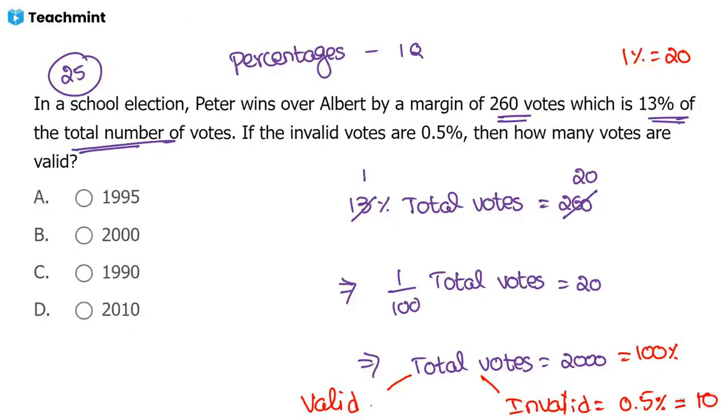So valid is nothing but 1990. So guys, how many valid votes? 1990 is the valid. So that's 25 questions today, right? So guys, if you have any doubts, please get them clarified.